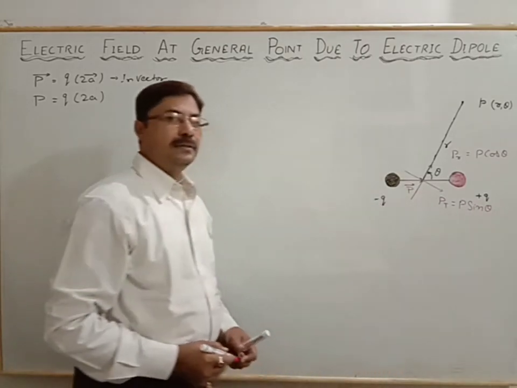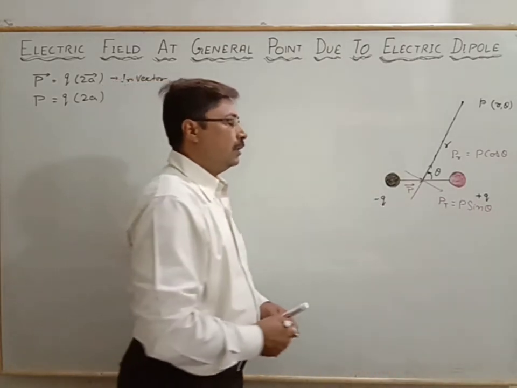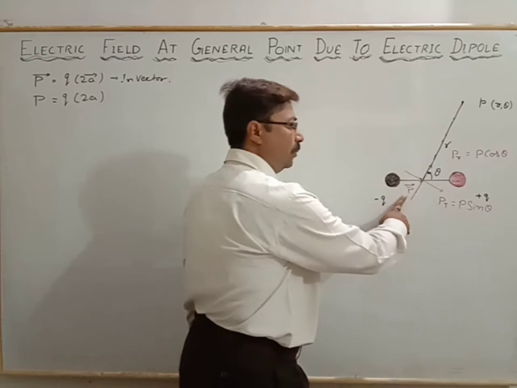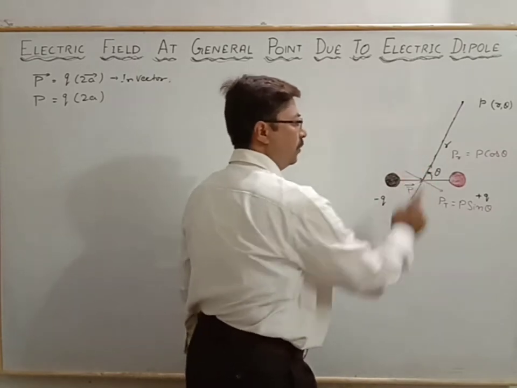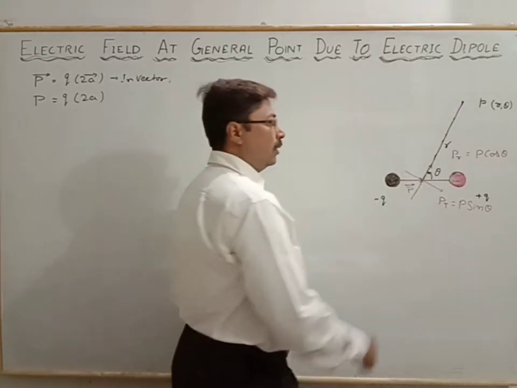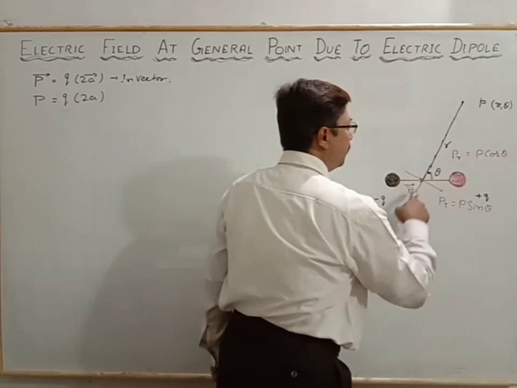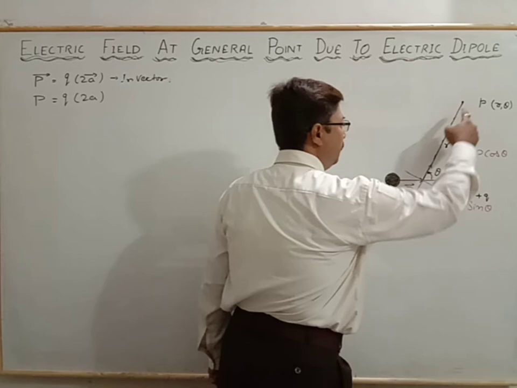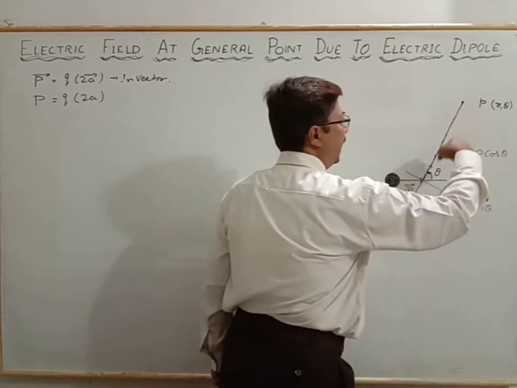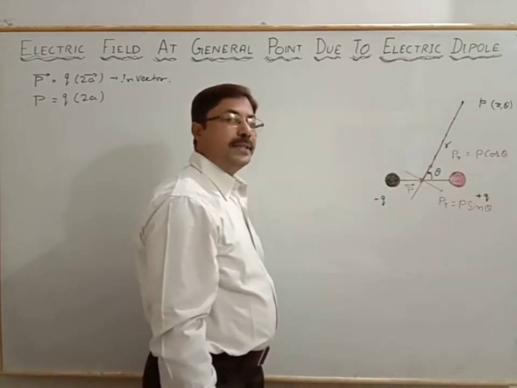What we have done is resolve the dipole moment vector into its components. Why so? It is quite clear that for the radial component, the point P is an axial point, lying on the axial line.